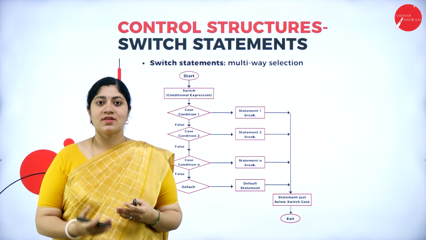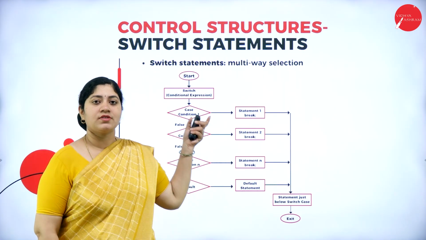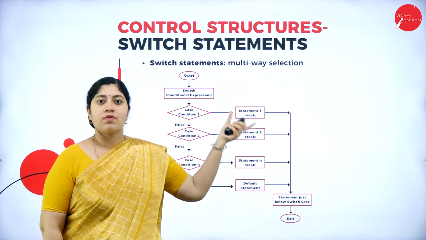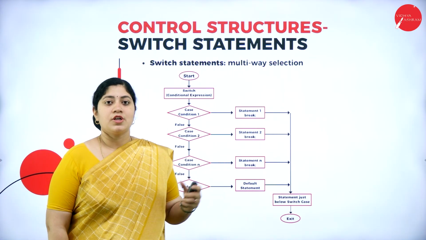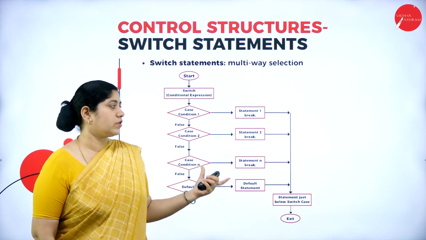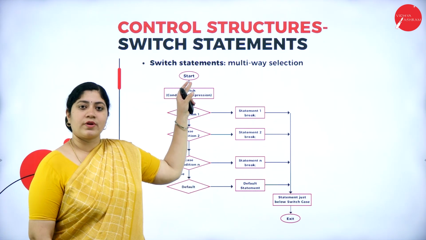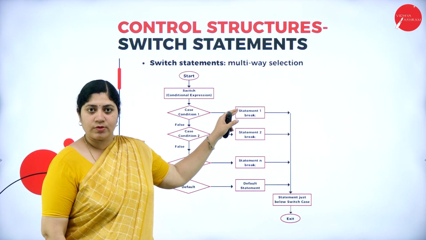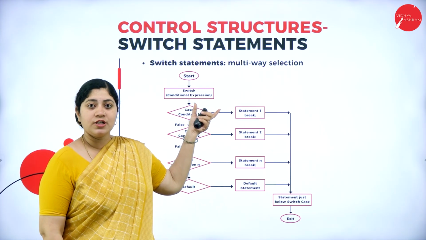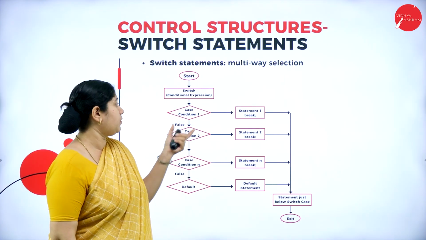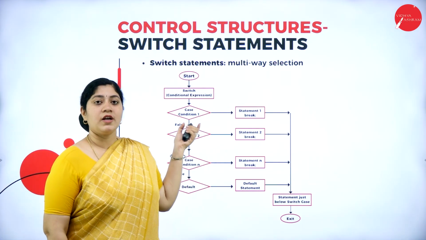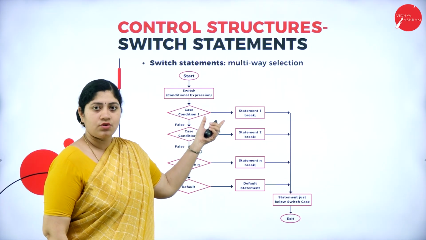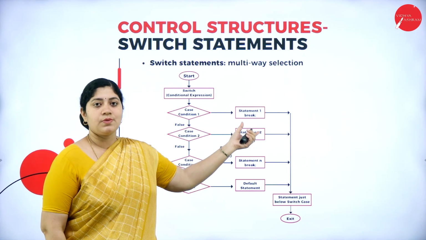Now let's understand the control structure, that is the switch statement, which is used for multi-way selection. Let's see a simple algorithm for this. All right, the program will start and we will be writing some conditional expression. For that conditional expression, we have multiple cases, like multiple conditions. The first condition, if this condition is true, then the first statement will be executed.